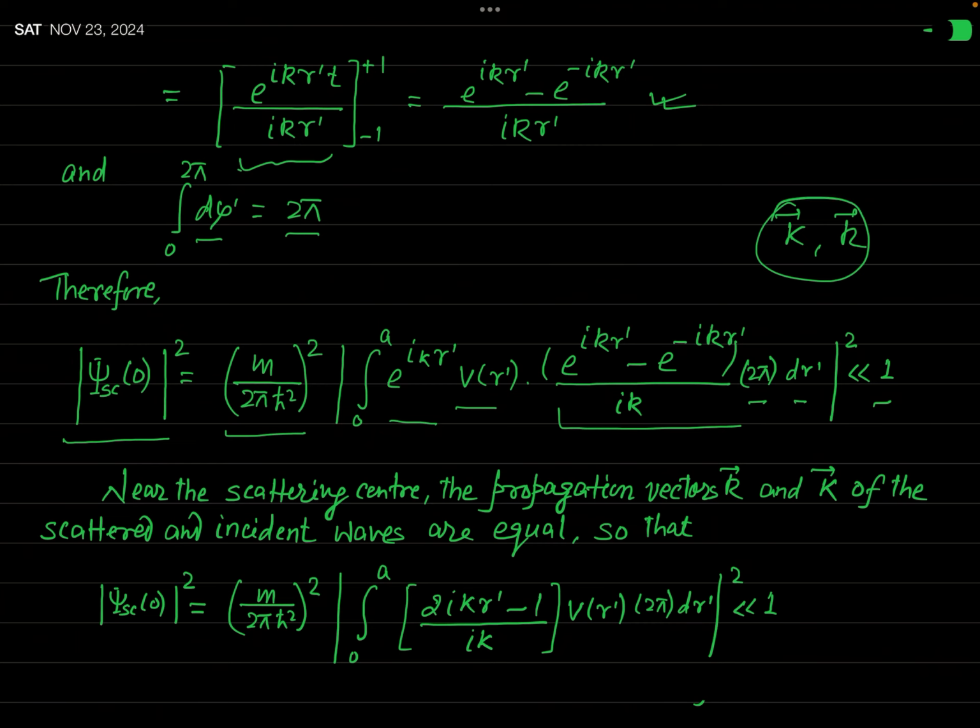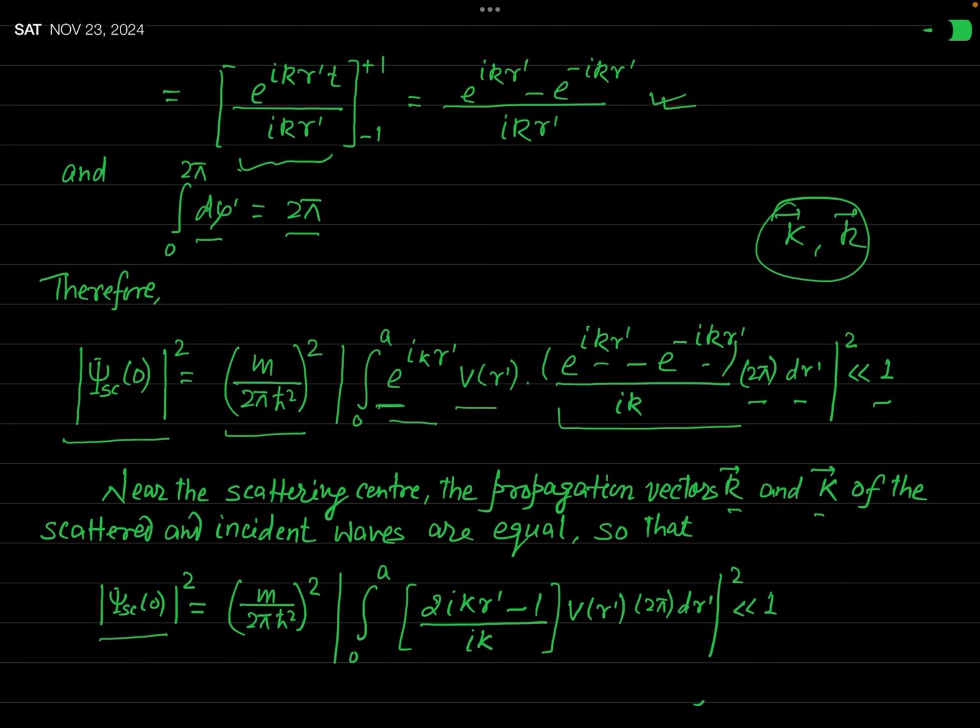So now let us concentrate on the scattering center, and there you may take kappa equal to k. So instead of kappa here we will now write k, and when you multiply by this e to the power i k r dash, your result will be this.